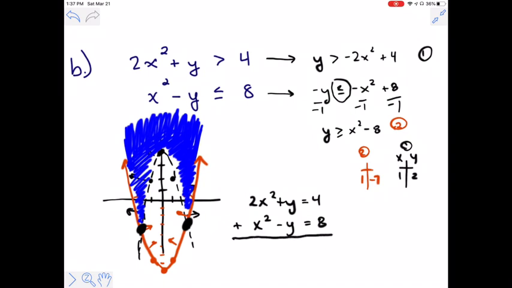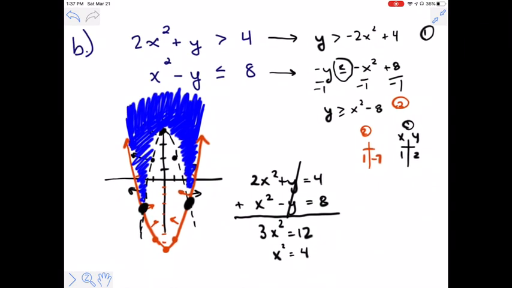This is set up nicely for elimination because the y variables would eliminate, leaving 3x squared equals 12, x squared equals 4, and then if you square root both sides, you have x equals plus or minus 2.